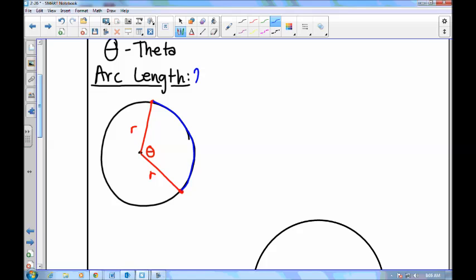So let's write down what arc length is. When two radii form an intersected arc. Guys, all this talking needs to be more writing.